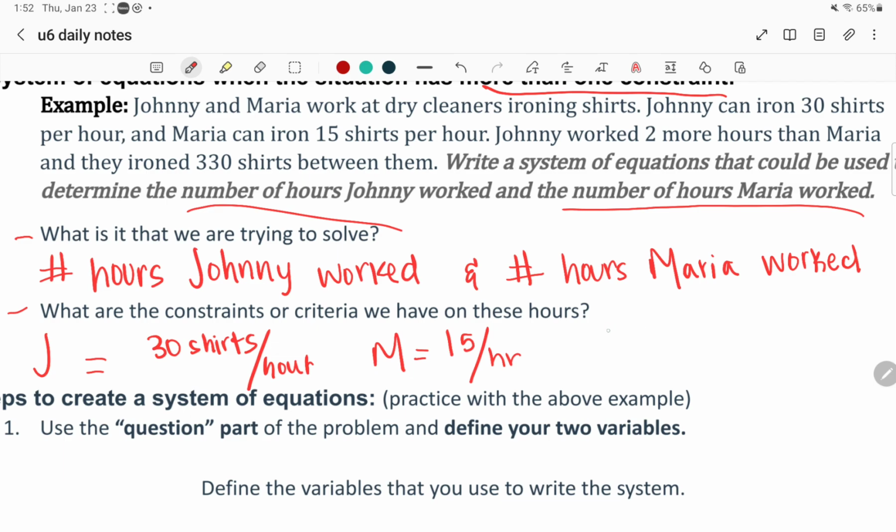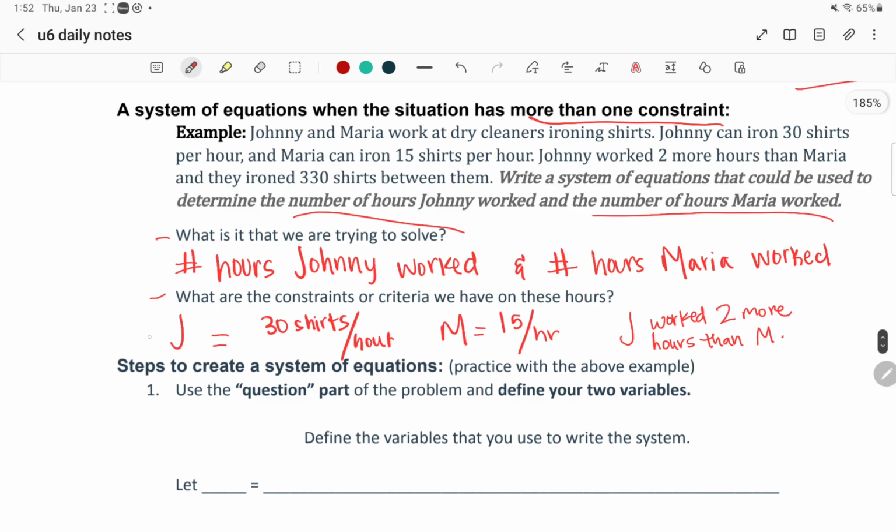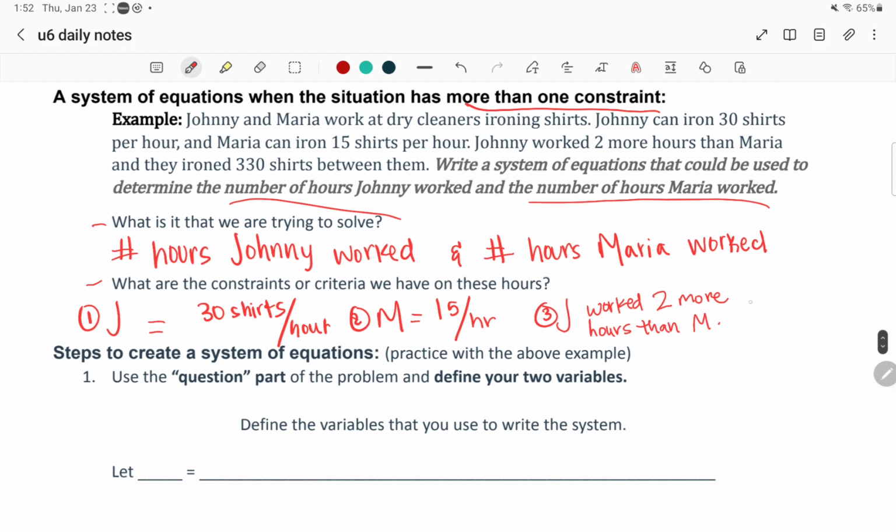And we know that Johnny worked 2 more hours than Maria. So we know 3 things. Oh, we actually know 4 things.